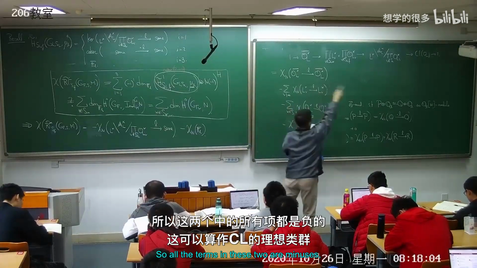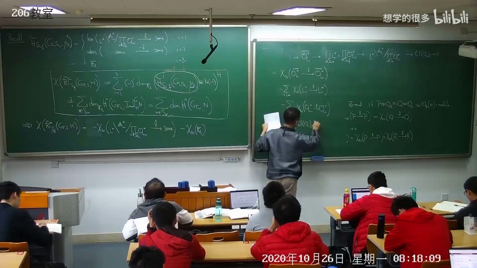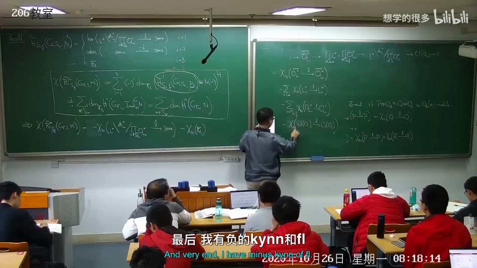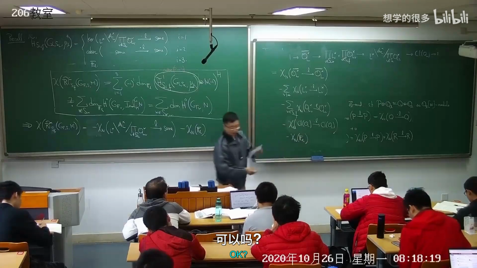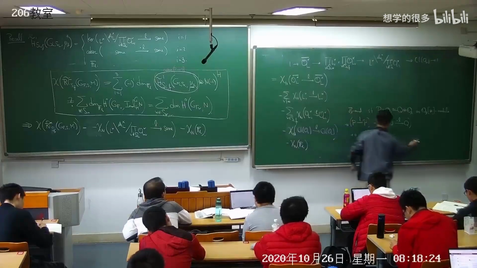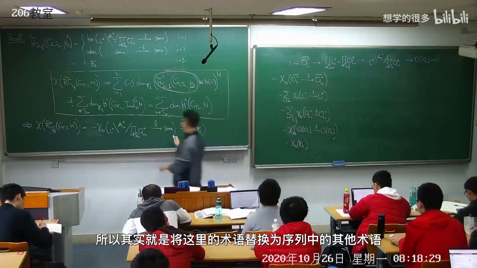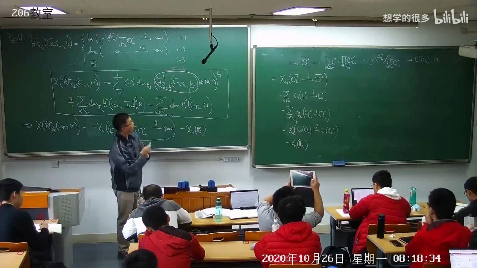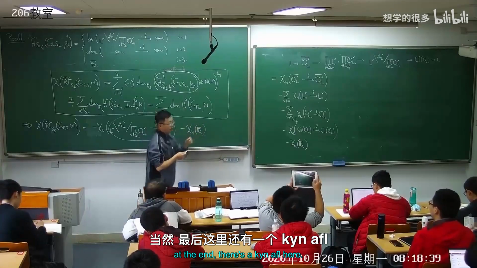So all the terms in these two are minuses, so minus chi of the ideal class group of OL. And at the very end, I have minus chi n of FL. Okay? So I've listed all the terms, essentially replacing this term here by other terms of the long exact sequence, from left to right. And of course, at the end there's a chi n of FL here.